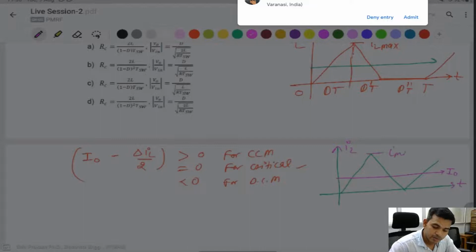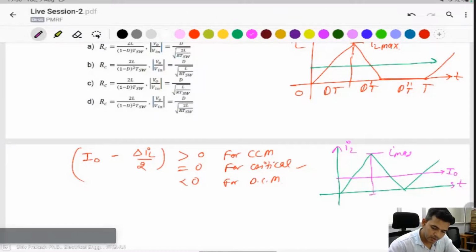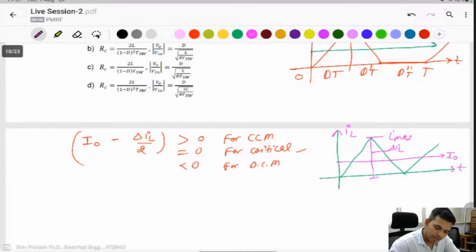I max, total is the delta IL. If delta IL by 2 is less than this, so delta I naught is minus this one, half is less than this one, then we go for discontinuous condition.